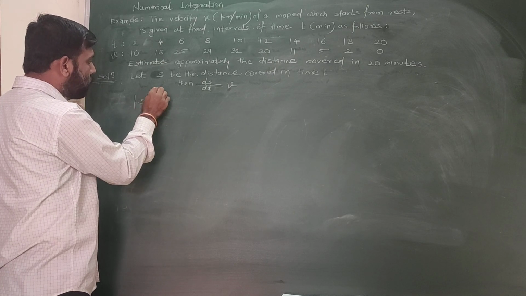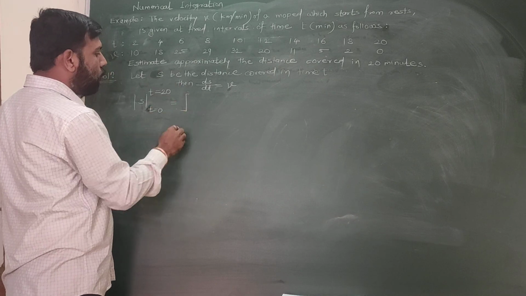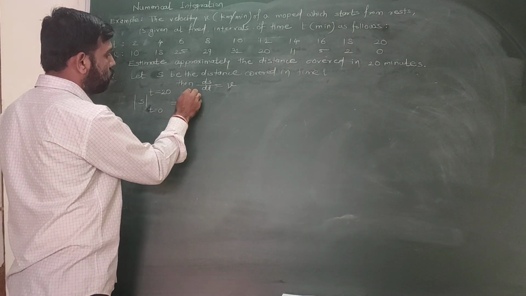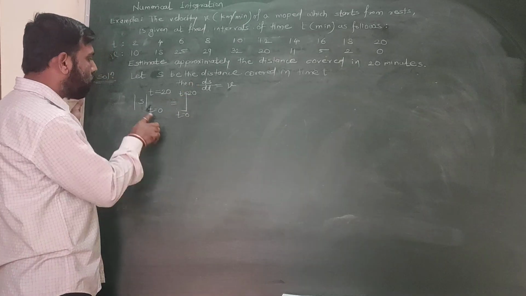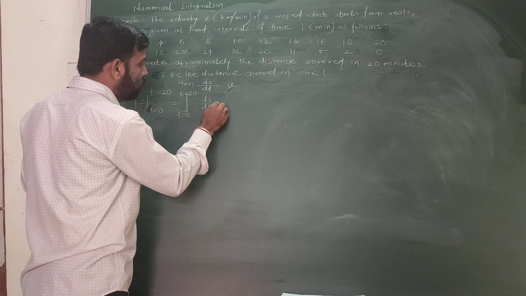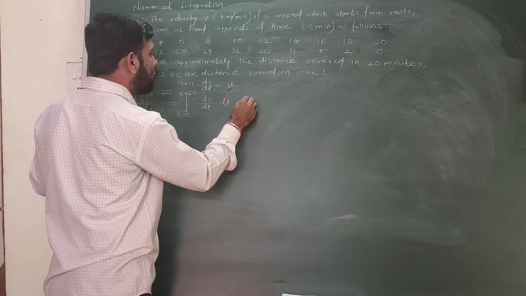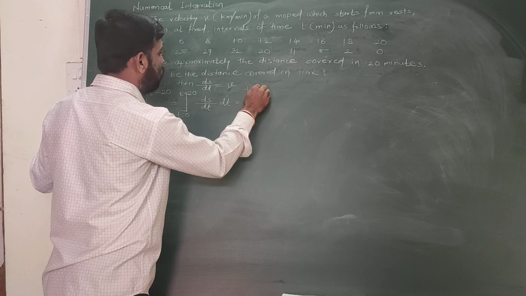Time period t equals 0 to 20, integration t equals 0 to 20 of ds. This is nothing but ds by dt with respect to t, from t equals 0 to 20.